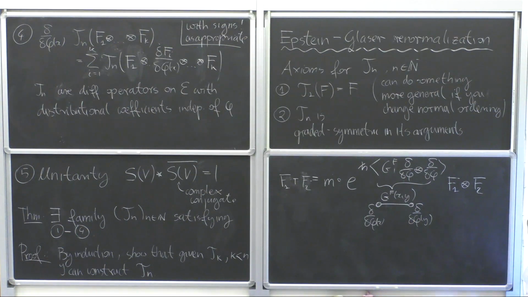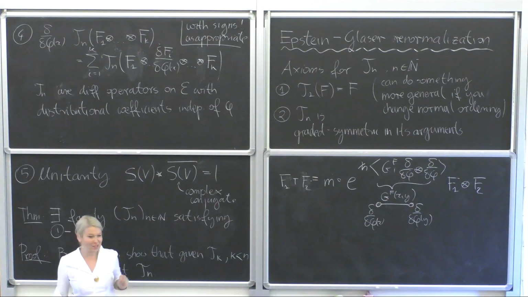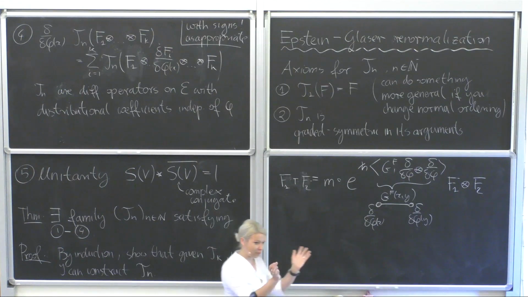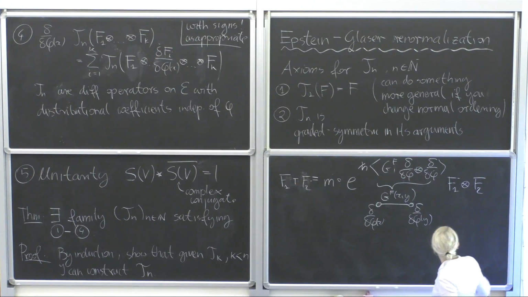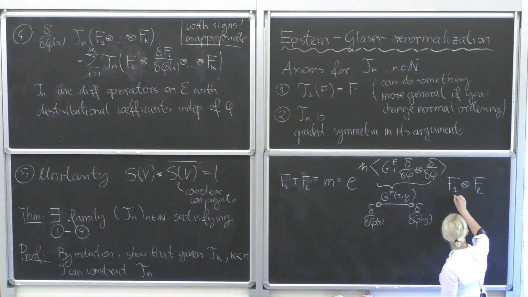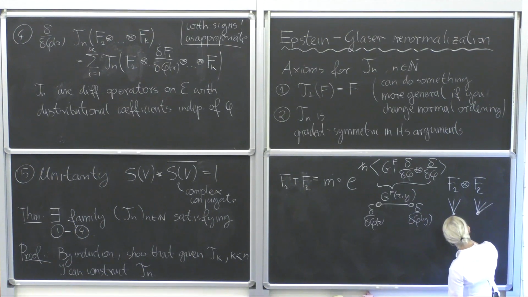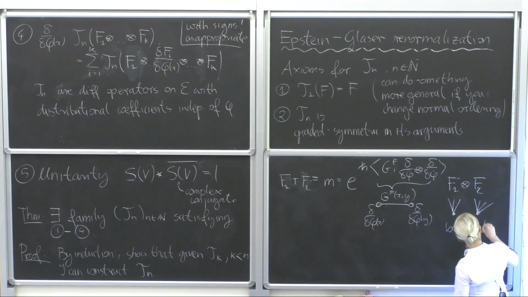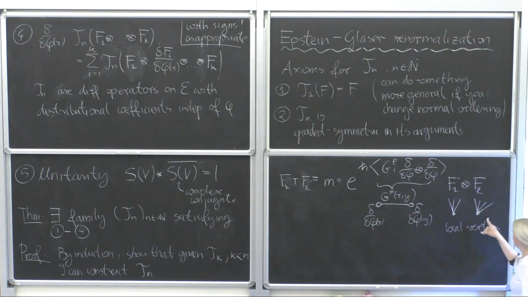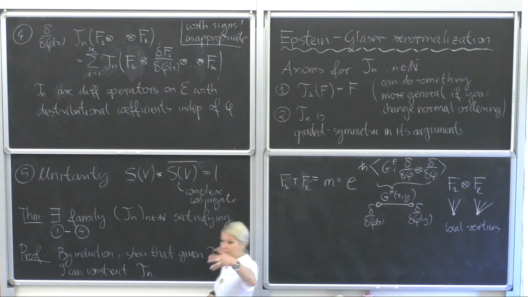And then F1 and F2 are local functionals. If you have done some quantum field theory, then you might have seen the Feynman graph notation. So I'm going to represent those as vertices. These are going to be local vertices, okay? So the number of legs corresponds to the degree of a polynomial.